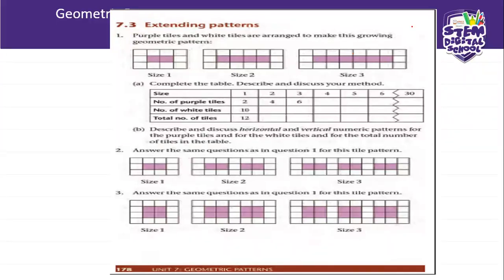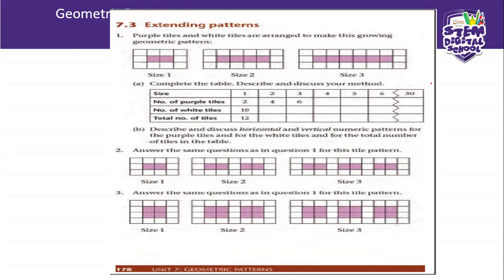Right, so someone says the white blocks are added. As we go along, more white blocks are added, which is true. From size 1 to size 3, there are changes.